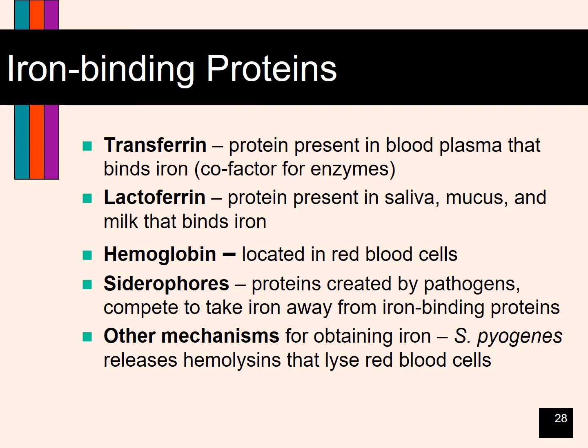Lactoferrin is another protein present in saliva and mucus and milk that binds to iron. And then of course hemoglobin, which is packed into our red blood cells, is what is bound to iron, and that's what carries oxygen.